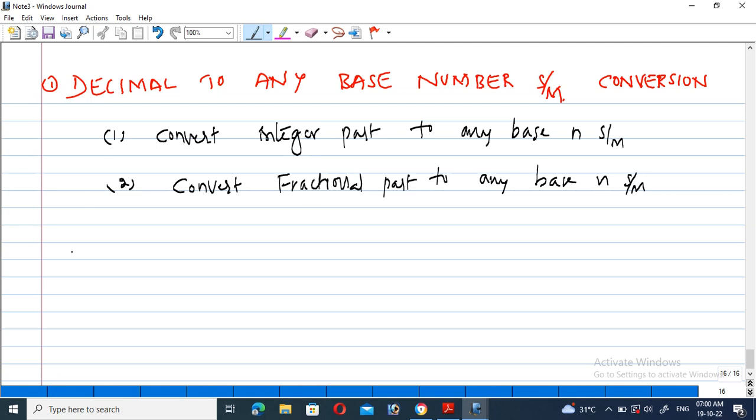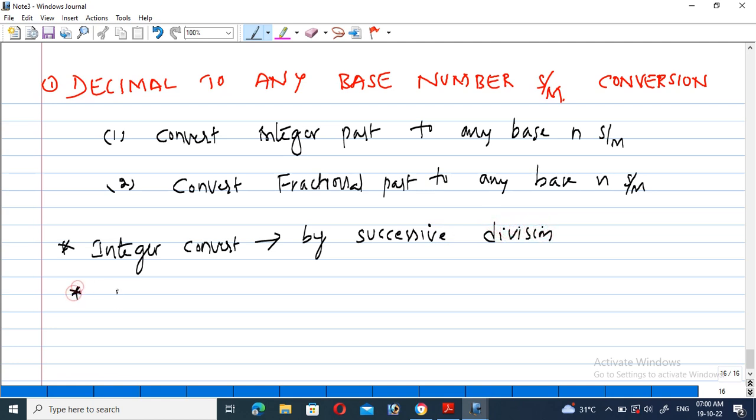The second one is fractional part conversion, which is done by the successive multiplication method.